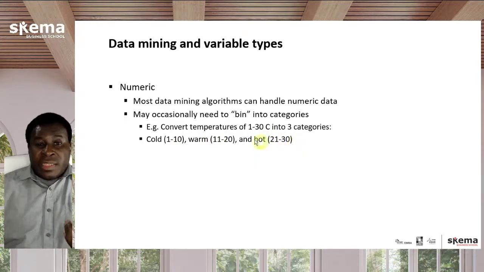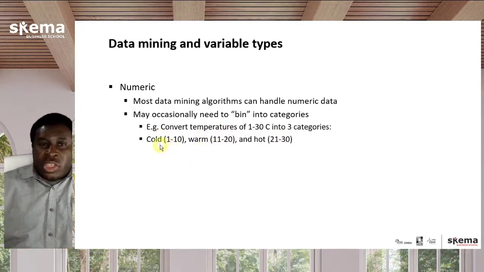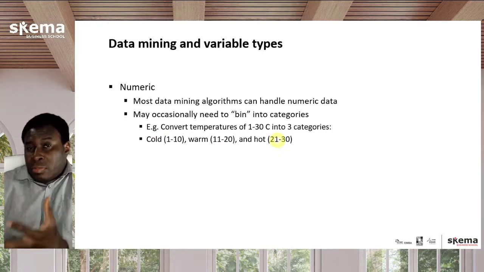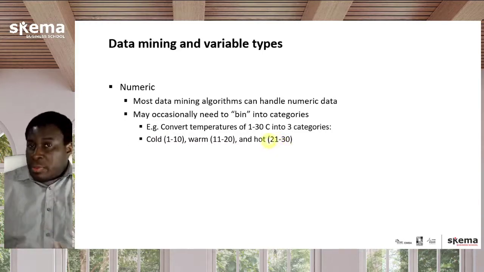And maybe with this categorization, suddenly your analysis shows that you have more customers when it's cold and more customers when it's hot, but fewer customers when it's warm. And that did not show up when you were just dealing with numbers. And perhaps the explanation is that when it's cold, people are more likely to come in for coffee. When it's hot, well, you actually also serve ice cream on hot days, and so more people come in then.